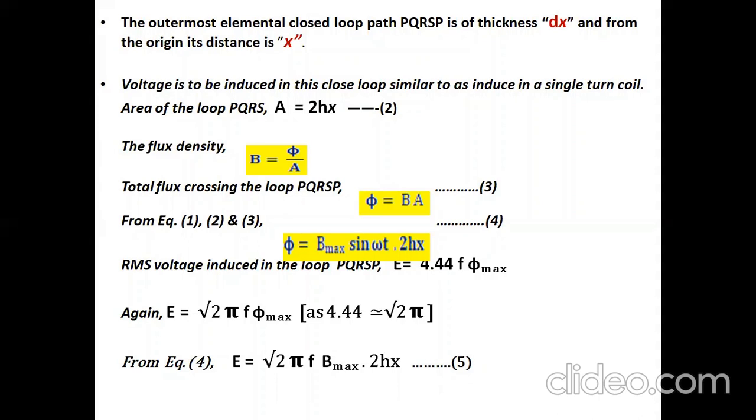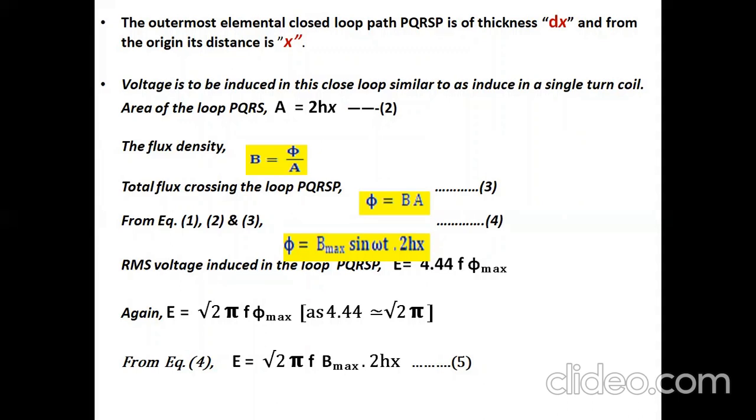The flux density B equals phi by A, so total flux crossing the loop PQRSP, phi equals BA. From equations 1, 2, and 3, phi equals Bmax sin omega t times 2hx. RMS voltage in the loop PQRSP, E equals 4.44 F phi max.